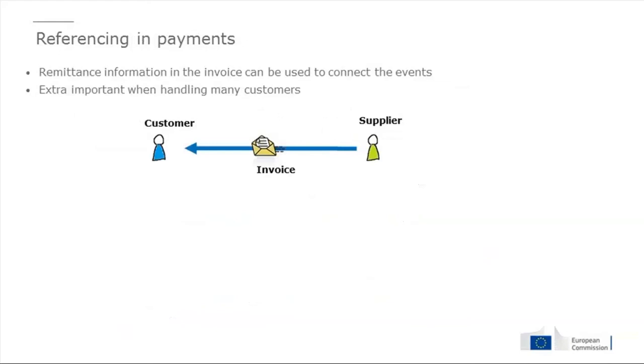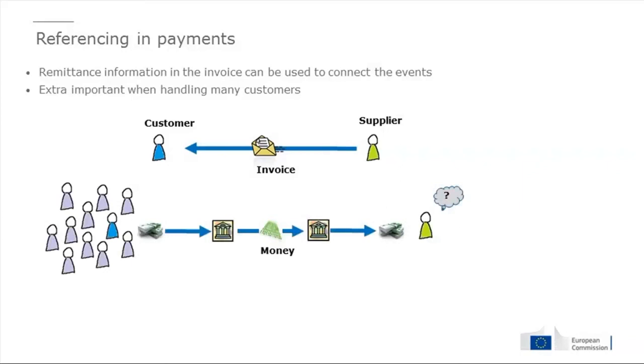So we can also see that the remittance information can be used. If I refer in the invoice to a specific event, that can be used in the information that's being sent back to the supplier.